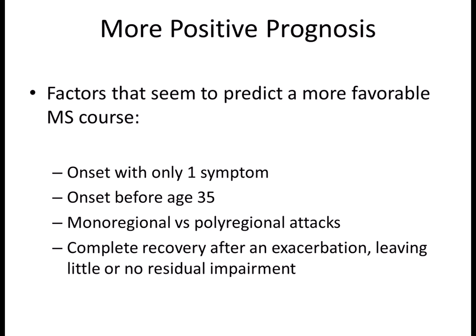If just one particular brain region is identified, that has a better prognosis than multiple regions. As well as something called a complete recovery after an exacerbation, leaving no impairment. We'll talk a little more about that when we talk about kinds of MS, but all these things are predictive of a more positive prognosis.